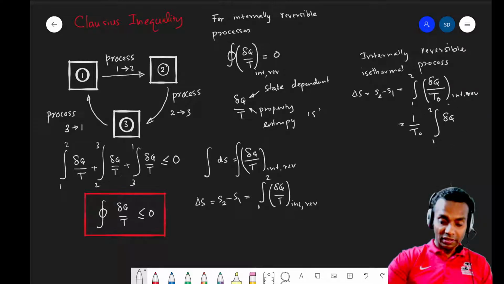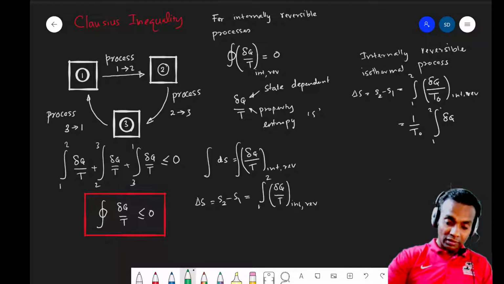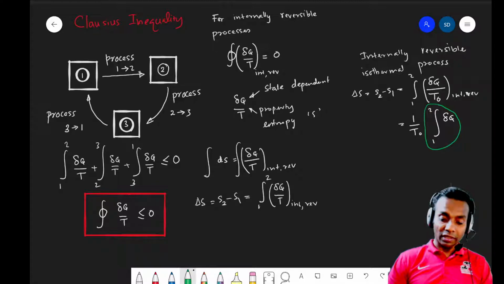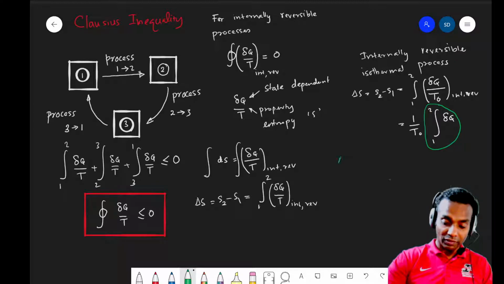This quantity right here is the total heat transfer during that process. So therefore, for an internally reversible isothermal process, delta S is equal to S2 minus S1, equal to Q 1 to 2 over T naught.